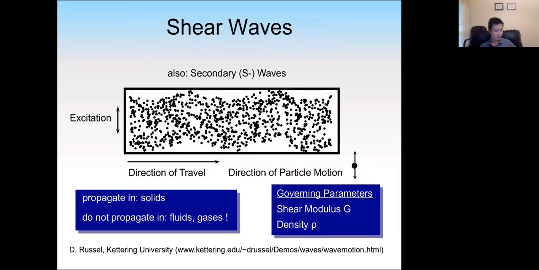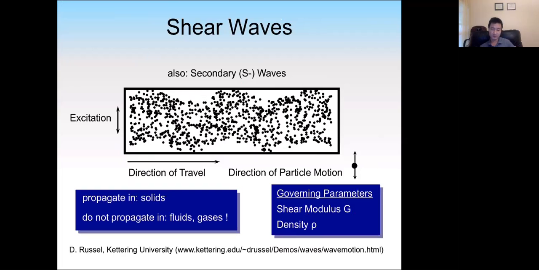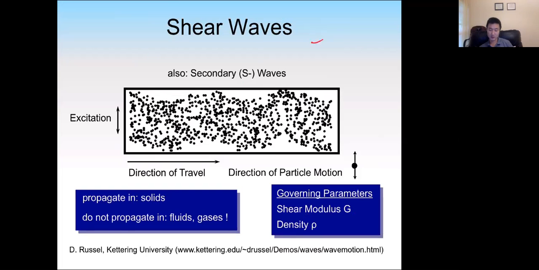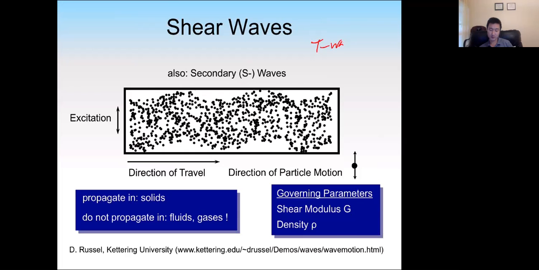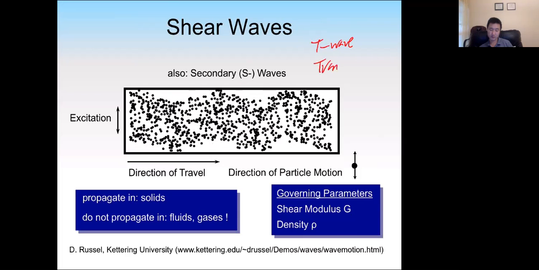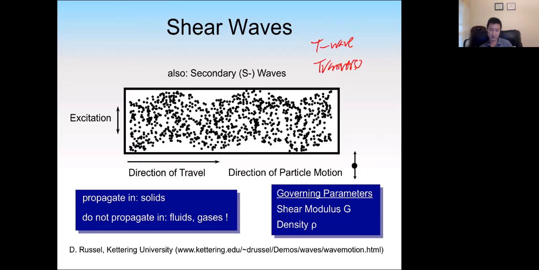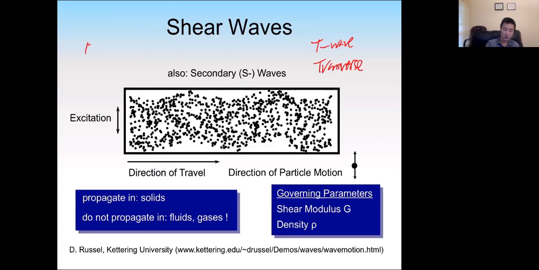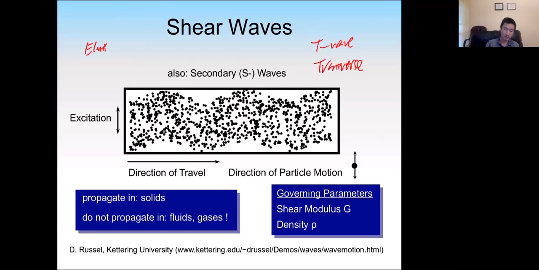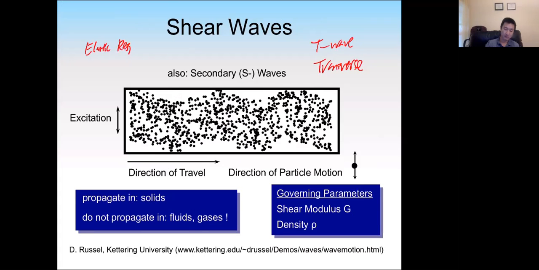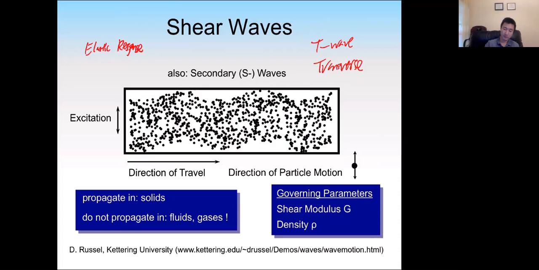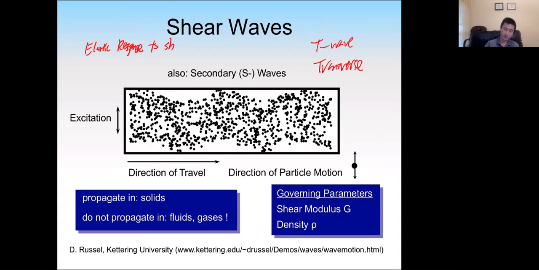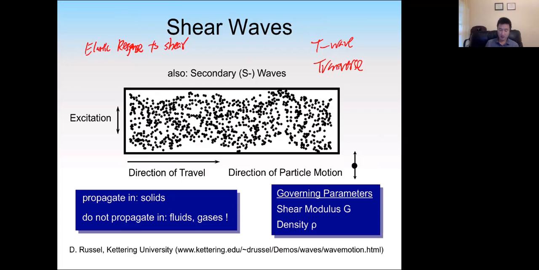The shear wave is also called T wave or transverse wave. Okay. It is caused by elastic response to shear. Okay.